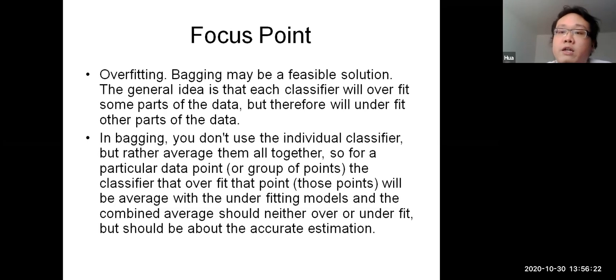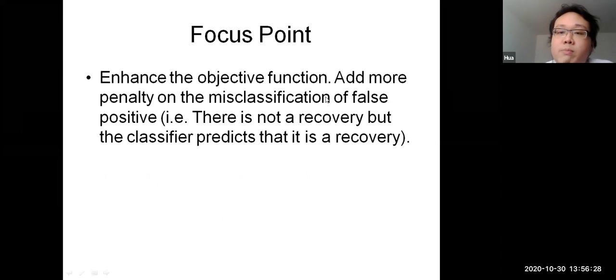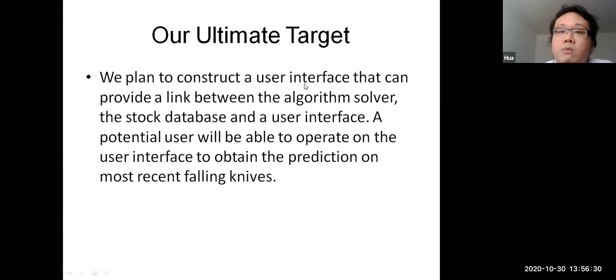But so far, this is what we did, and I think our ultimate target is to construct a user interface, which has been discussed by Richie Tang and our other members. I think maybe we can construct a basic interface in December, before January.